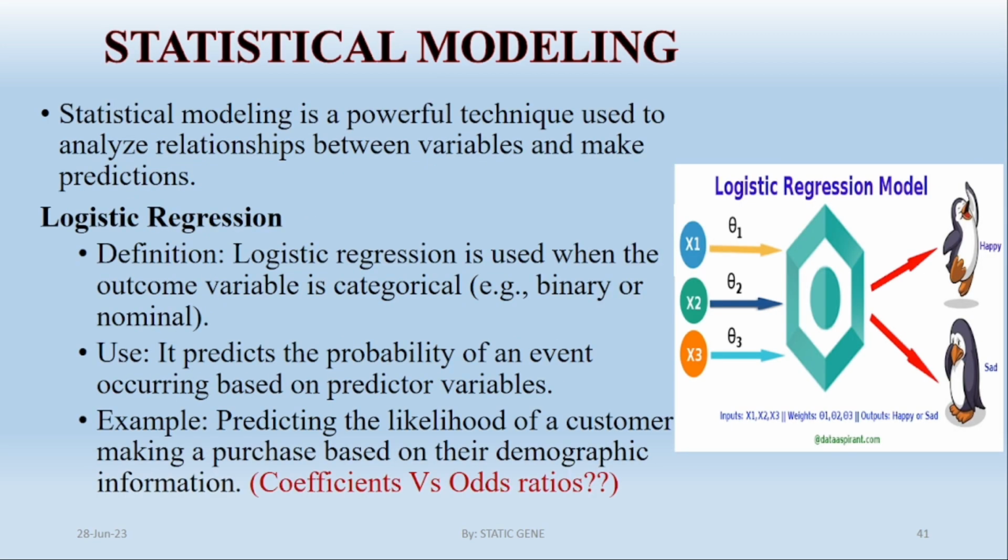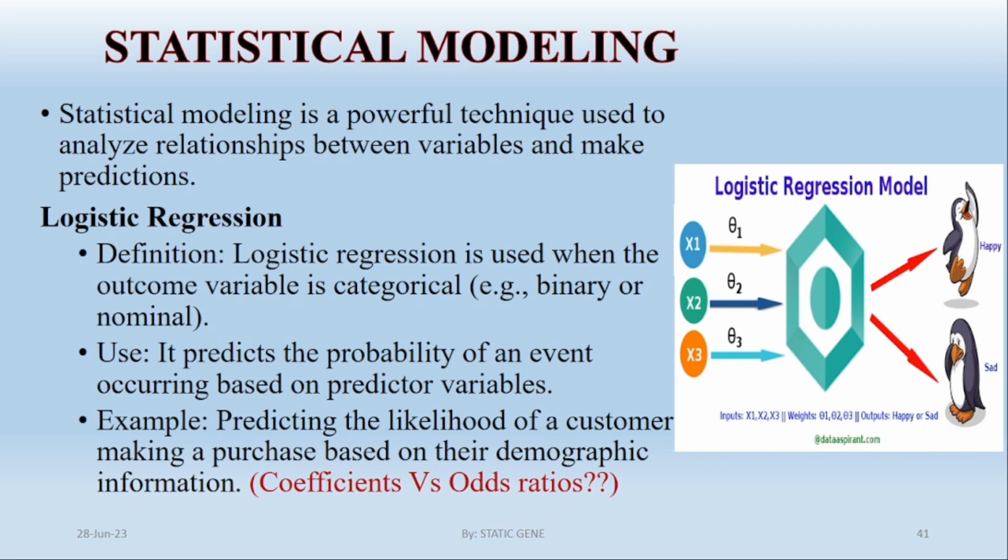Now in this video, we're going to talk about statistical modeling. This is a powerful technique which is used to analyze the relationship between variables and make predictions. The most common one that we know is the logistic regression. This one is used to make predictions on the outcome variable if it is categorical.